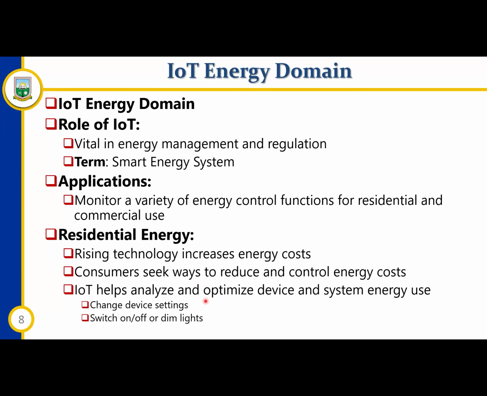Now it becomes an IoT. So we can set that when it is 6 p.m., the lights should come on. When it is 6 a.m., the lights should go off.